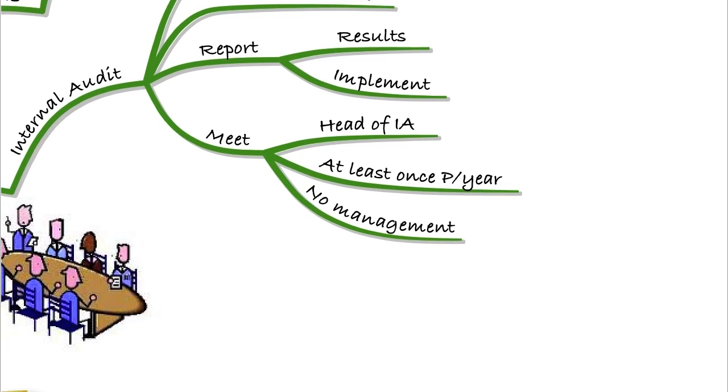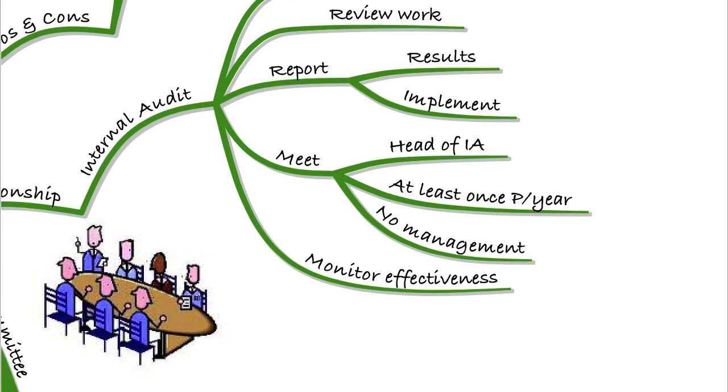So that's so that any concerns that internal audit have can be expressed in private to the audit committee. Ultimately, you can look at the audit committee as monitoring the effectiveness of the internal audit function within the organisation.